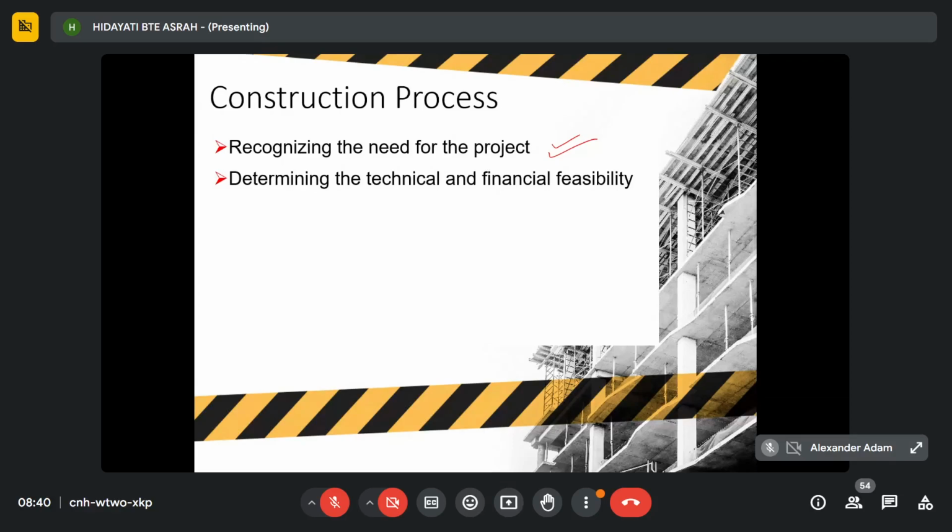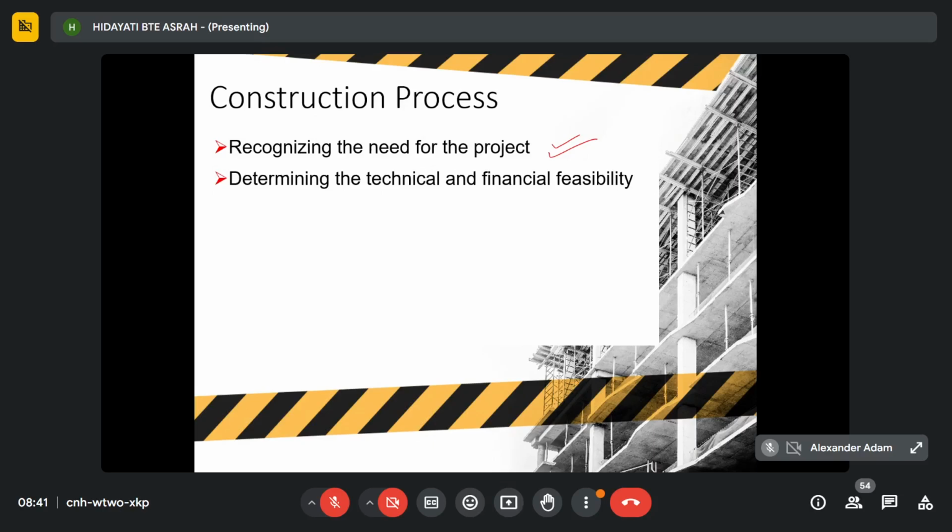Before they do the renovation, they must perform a feasibility study to determine whether the material is available or not, the cost of the material, the labor cost, how disruptive the project would be to the students, the public opinion of the expansion, and laws that might have an effect on the expansion. So that is a feasibility study. All these must be studied before you come out with a detailed plan of the project. So that is determining technical and financial feasibility.